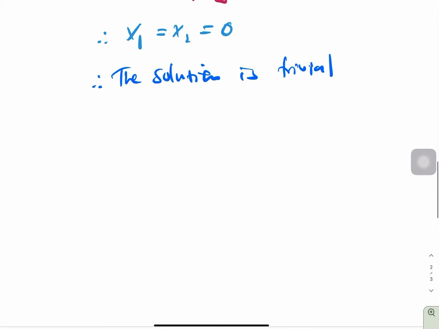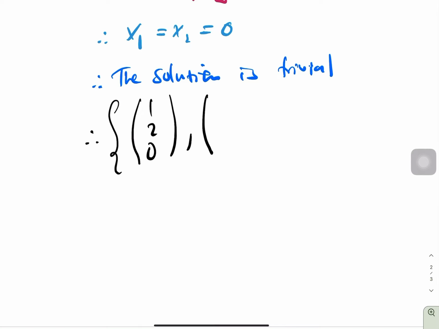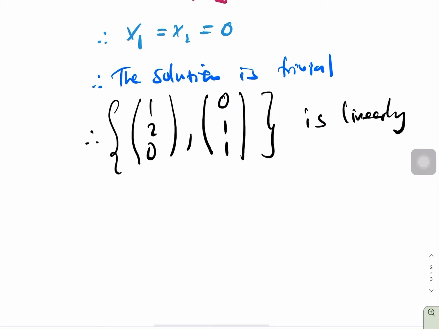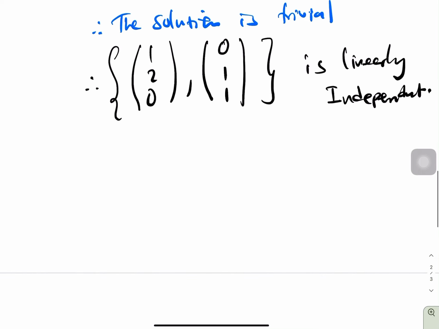So I'm now going to say, therefore, the set, which is 1, 2, 0 and the other one 0, 1, 1, is linearly independent. So that set is linearly independent.